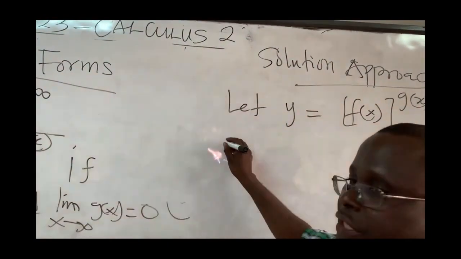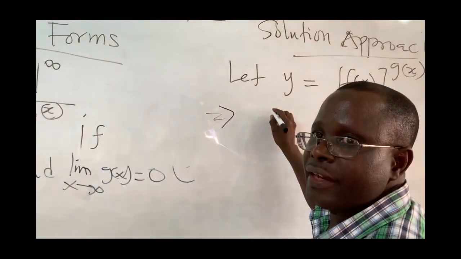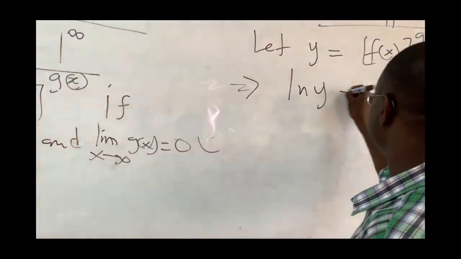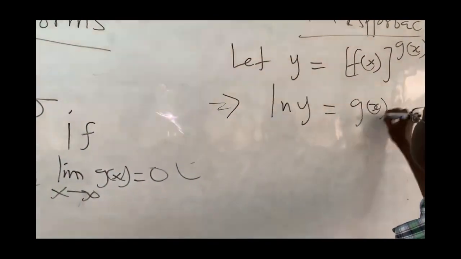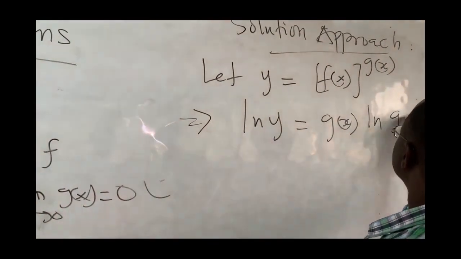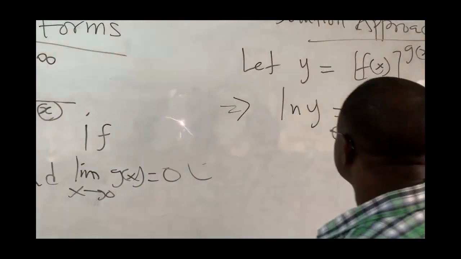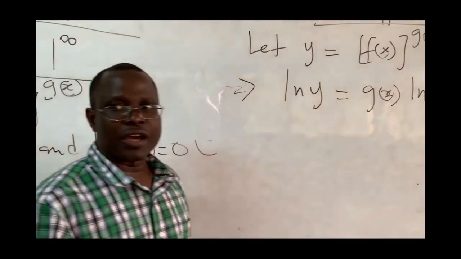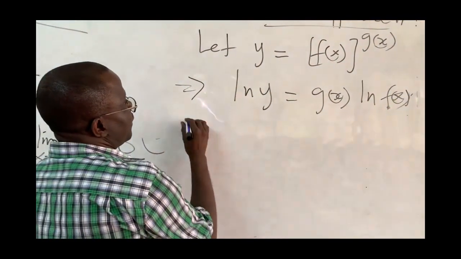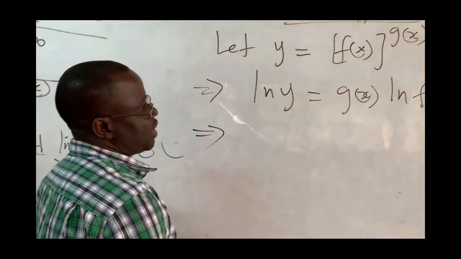Then you take the ln of both sides. You have ln y is equal to g of x times ln of f of x.